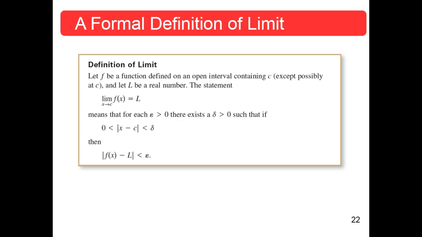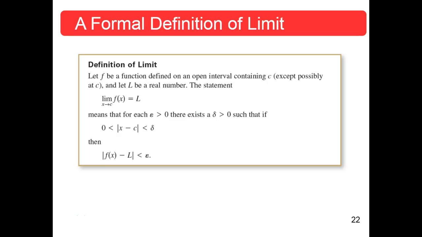Okay, so here's that formal definition of a limit. Let f be a function defined on some open interval containing c. Remember, it's defined on something on the x-axis, and c is somewhere in that open interval, except possibly at c. It may be defined at c, but it doesn't have to be. But it's defined everywhere else on that open interval. Let L be some real number, positive, negative, some real number.